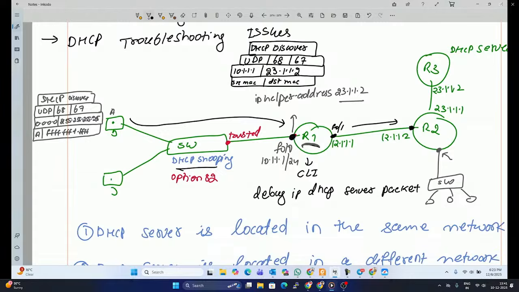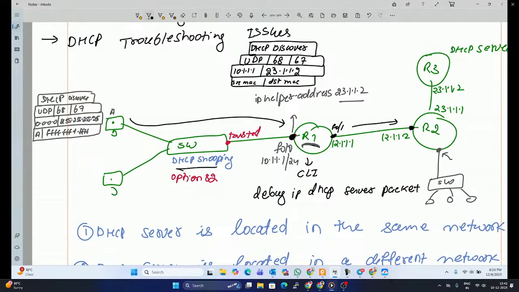R2 has no idea that this is a DHCP discover or what exactly this message is. It just simply forwards it.